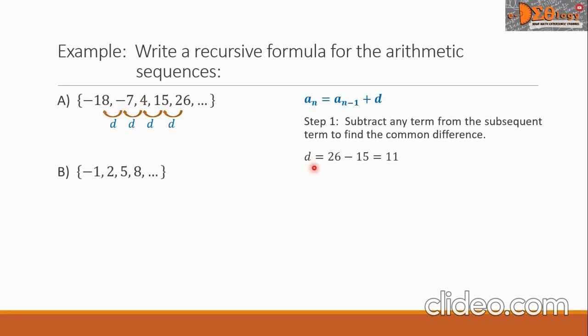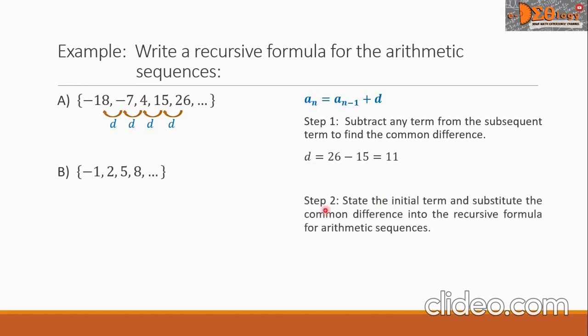So we are sure that the common difference is 11. Step 2 says, state the initial term and substitute the common difference into the recursive formula for arithmetic sequences. In other words, we will copy the recursive formula here, and then we will substitute the value of d that we got from step 1.